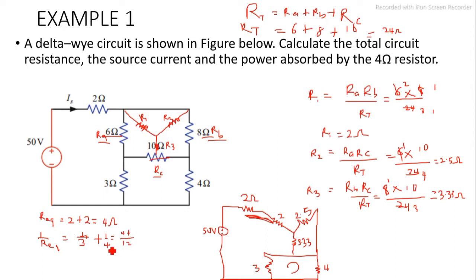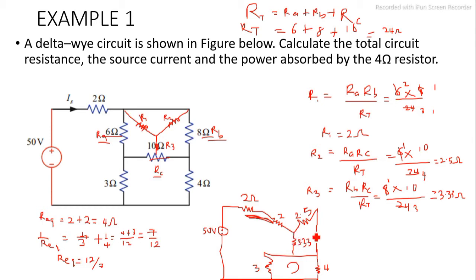Plus 4 in 12, that's 3, 3 times 1, 3. So I'm going to have 7 over 12. So take the reciprocal of both sides. That means your R equivalent will now be equal to 12 over 7.